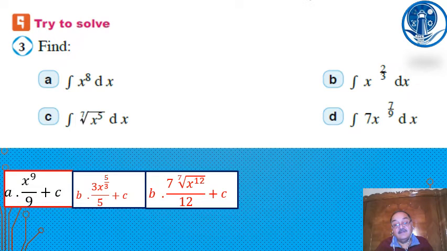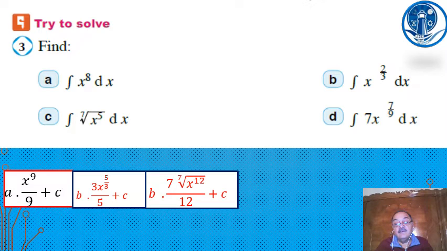Then divided by the new power, which is 12 over 7, and this will be 7 over 12. And as you know, this will be 3, and here is 3.